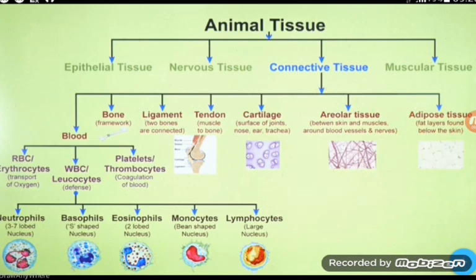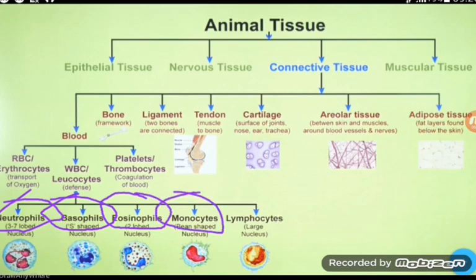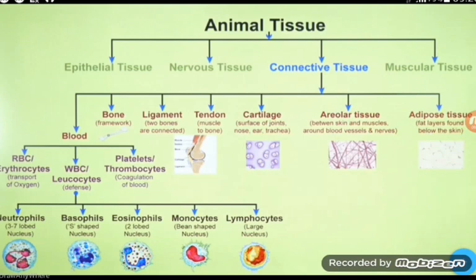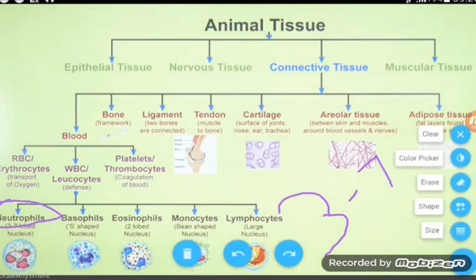The WBC itself consists of 5 types: neutrophils, basophils, eosinophils, monocytes, and lymphocytes. Neutrophils contain 3 to 7 lobes of nucleus.